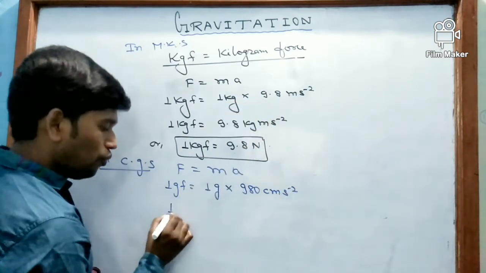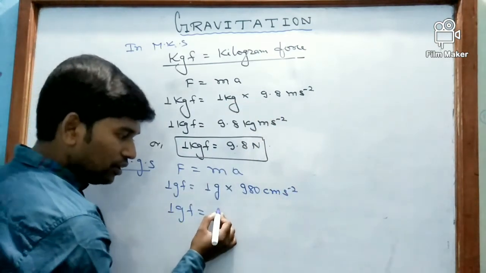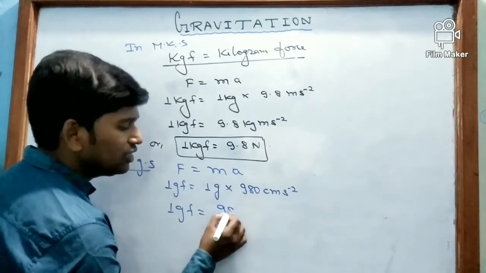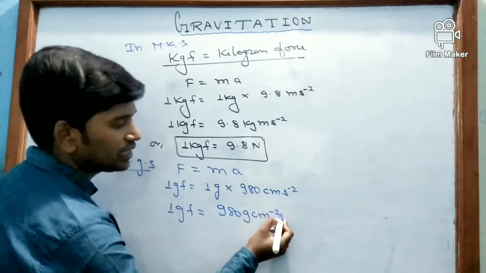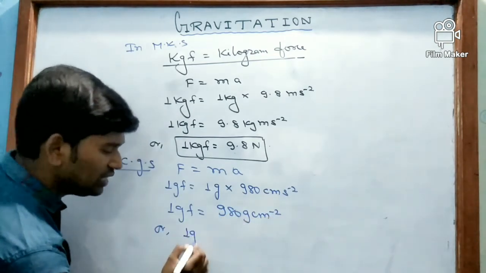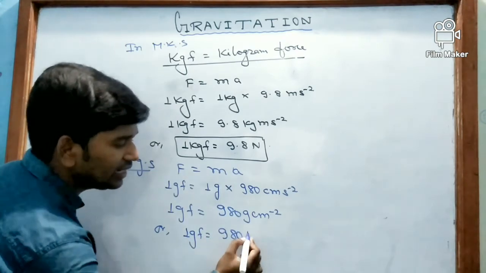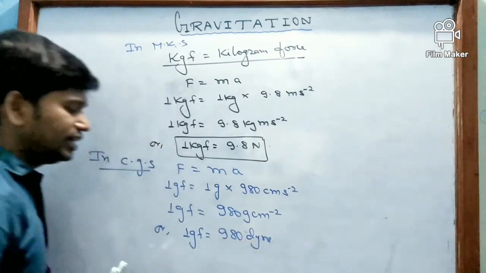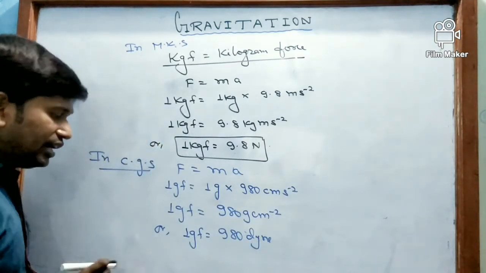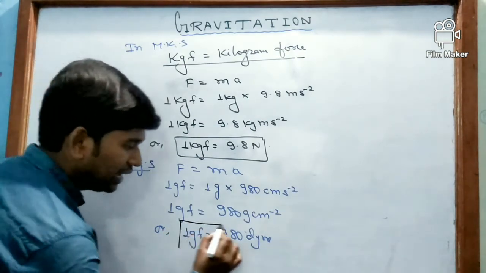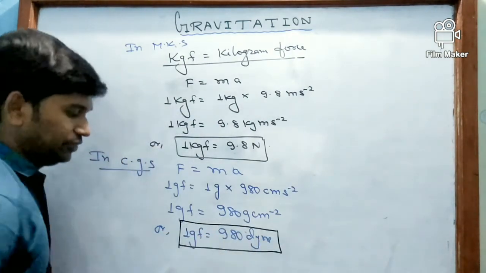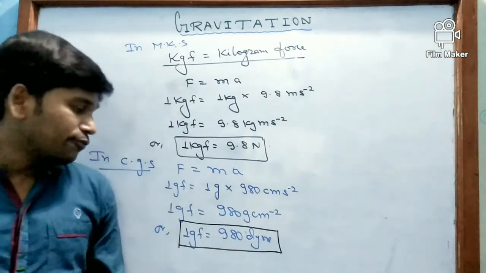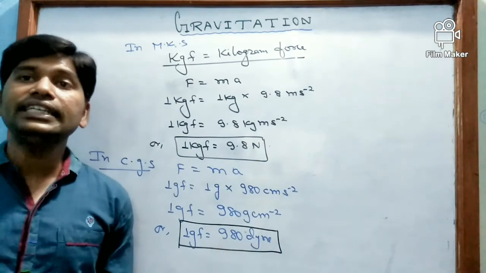So 1 gf equals 980 gram centimeter per second square, or we can write 1 gf equals 980 dyne. This is the relationship between gram force and dyne. So we can say 1 gram force equals 980 dyne.